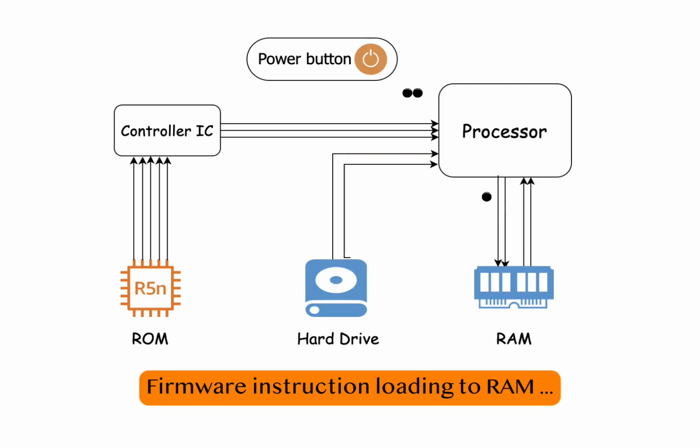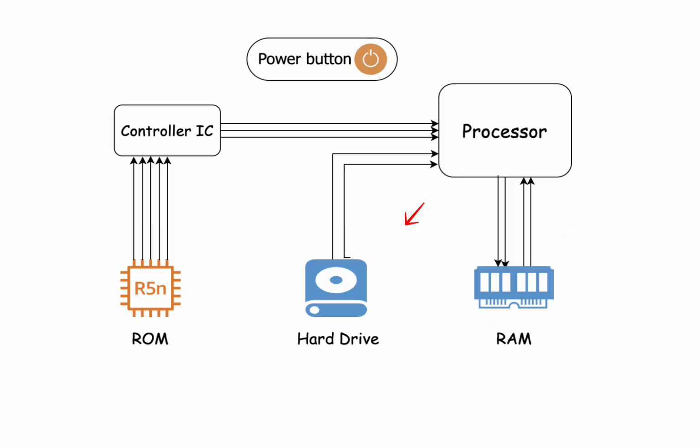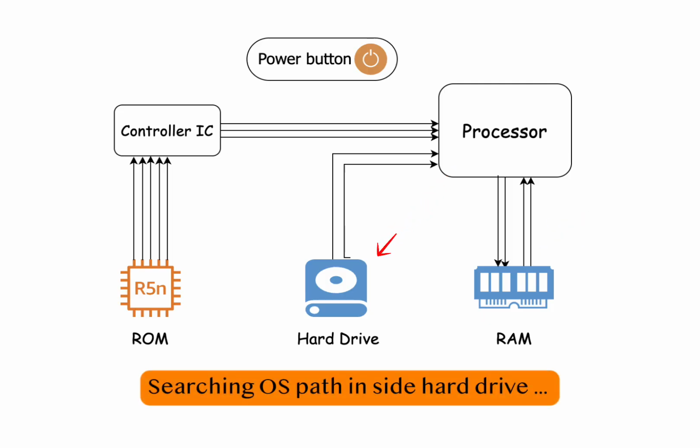After executing the firmware application, the processor will know about the operating system and where it's located in the hard drive. The processor immediately starts loading the operating system inside the RAM and starts executing application programs.